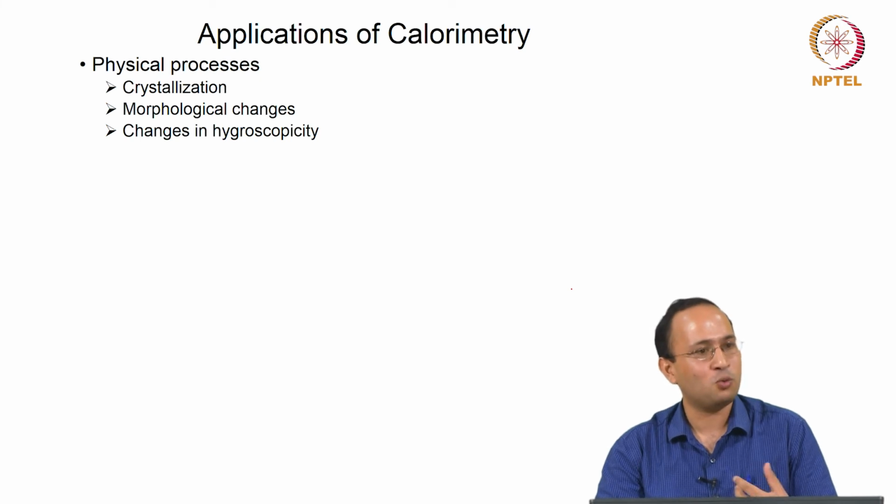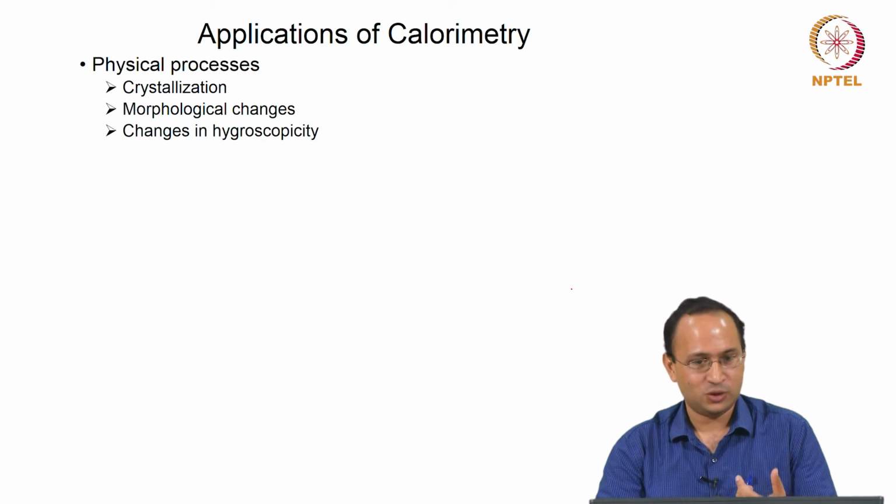You also want to induce some changes. In this case, you can change the partial pressure, and that can be used to change the degree of amorphousness, or you can induce some crystallinity that can be monitored using calorimetry.